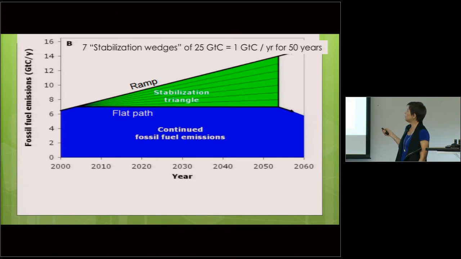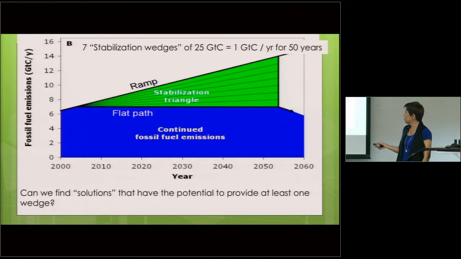So we're going to have to come up with some way of finding enough energy that doesn't produce fossil fuel. If we want to keep doing business as usual in terms of our society and energy use, but keep emissions down, we have to find some other way of getting that energy, right? So alternative energies come in. So can we find solutions that have the potential to provide these wedges?